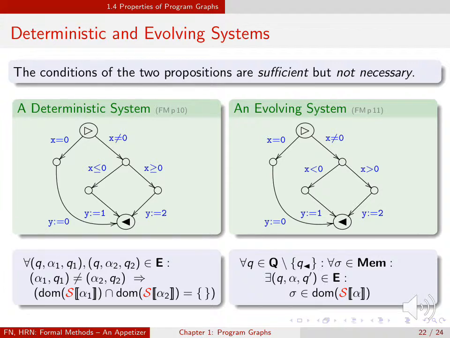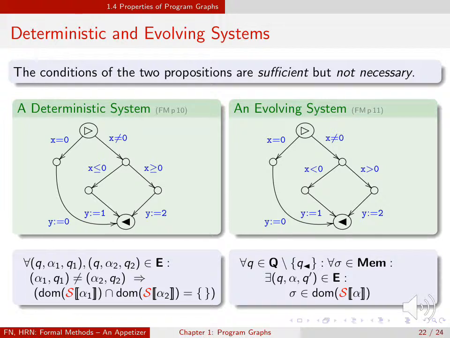Similarly, consider the following simple variation of the program we just looked at. The test on the sign of x has been replaced by strict tests. Once more, the system is evolving. If x is 0, we continue to take the path on the left and reach the final node. If x is positive, we continue to take the path on the right and reach the final node.